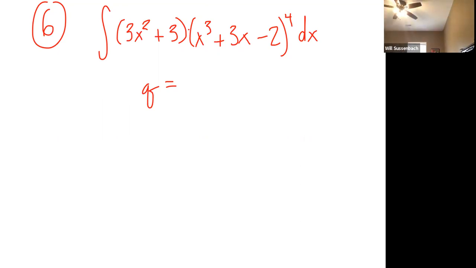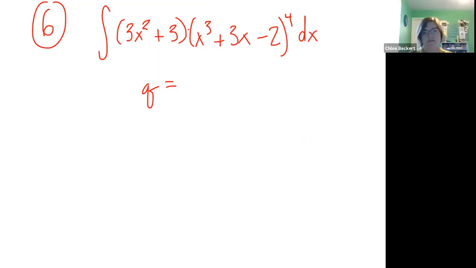Let's do it, Sarah, and maybe you'll see where that comes in. So right before that, does anybody see why this is a good Q problem instead of UDV? Because if you use the x to the third part of it as q, the derivative would cancel out with the other part.